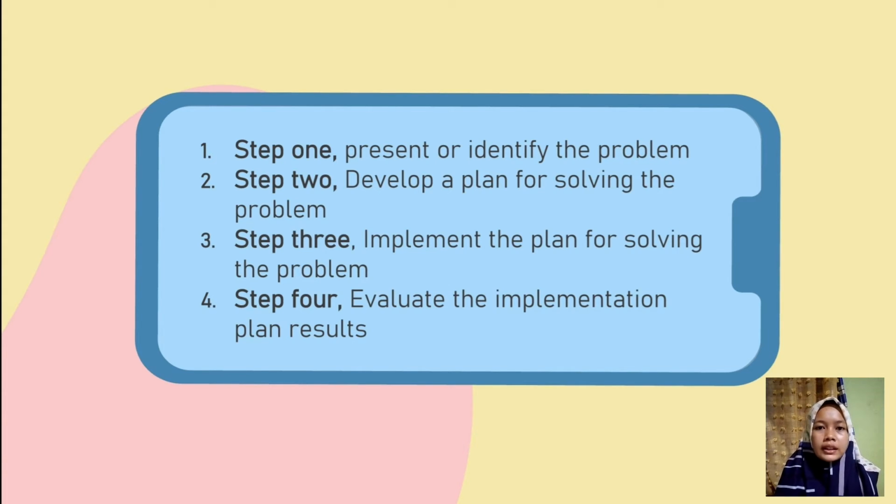And the third one is step 3, implement the plan for solving the problem. During the implementation phase of the problem-based learning model, students test out the plan developed in the previous phase. In some cases, they will actually implement the plan proposed, as in scenario 11-1, where a plan for ordering pizza for a pizza party is implemented.